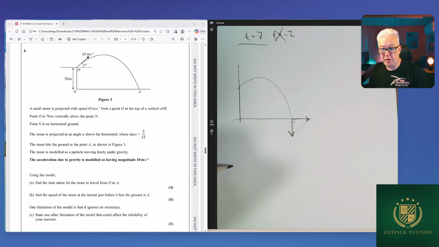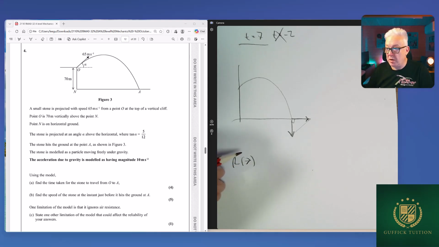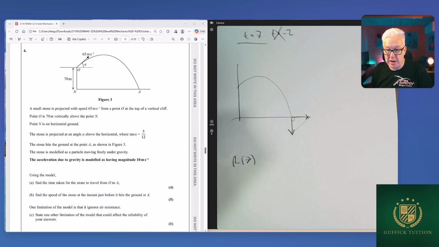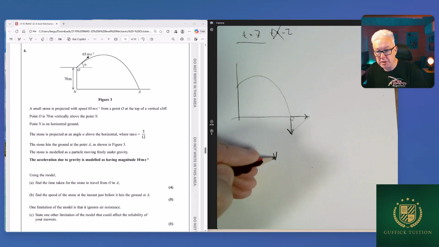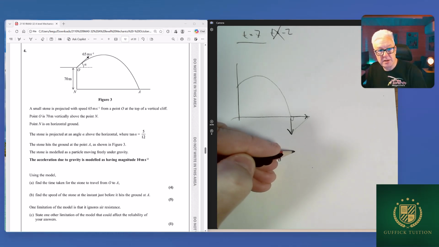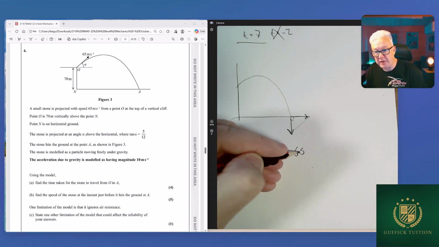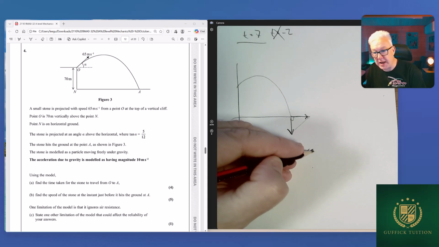So let's resolve horizontally, and first of all consider the horizontal component of the velocity. Now, it's worth noting that there is no acceleration in the horizontal direction. So therefore, the horizontal component of the velocity is going to just be 65 times cos alpha.